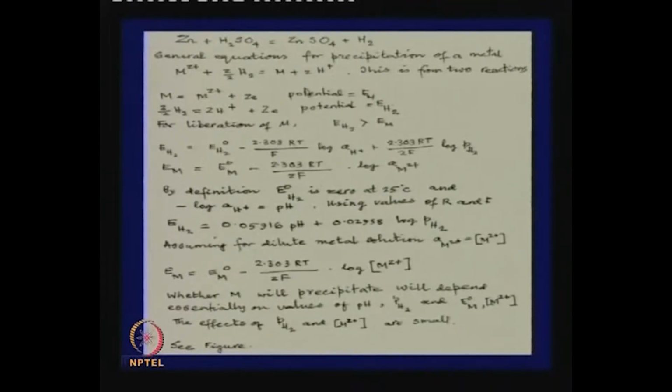But there are marginal cases where this will happen, and this is the kind of analysis we have done. We have expressed this in terms of hydrogen ion potential, pH and pressure, and come up with an equation in terms of metal ion concentration, which is a function of the electrode potential of the metal, and one has to be more than the other so that the reaction takes place.